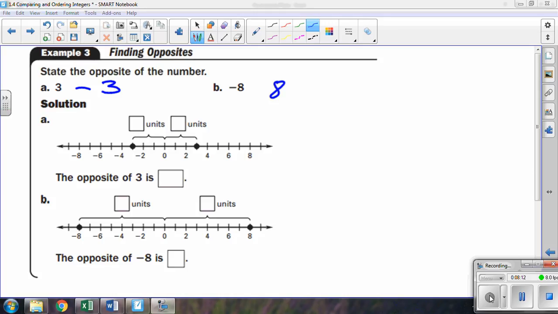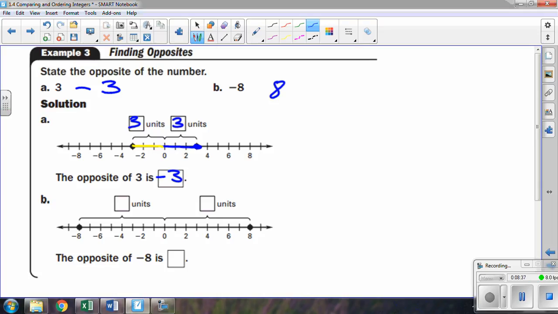Right here, when we look at 3, that original number 3 is located 3 units to the right, and its opposite changes direction, 3 units to the left. That's how we could quickly identify that it would be negative 3 if we needed to use the graph.